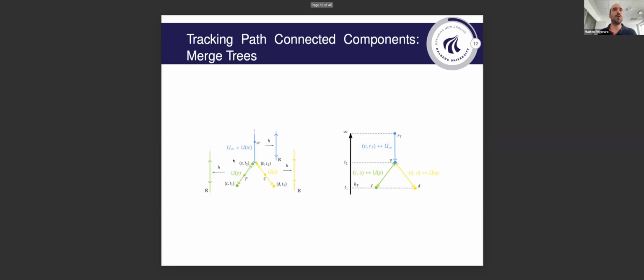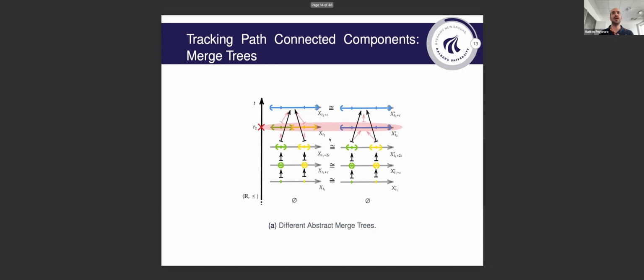So for instance, we don't want to work with objects of this form, but we want to always have something of this form, which is a proper graph. The idea is that those two objects represent persistent sets which just differ at a single point or at a finite number of points along the filtration. So we are not really interested in distinguishing between those two objects, and so we can always work with trees.